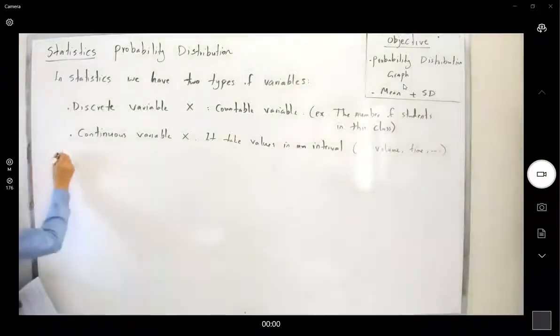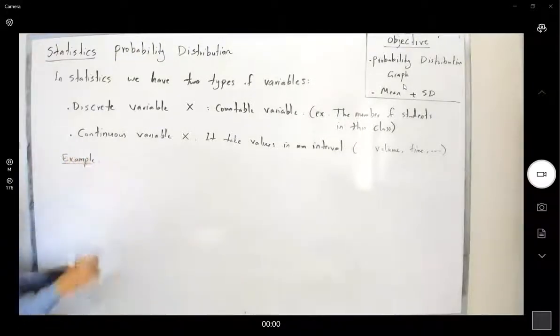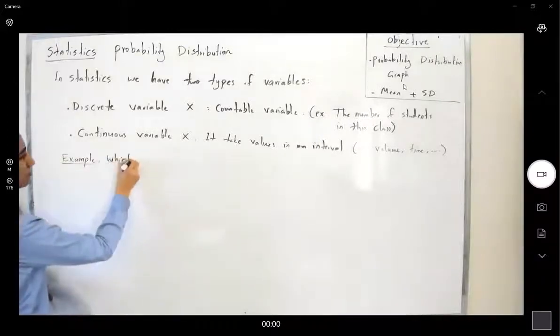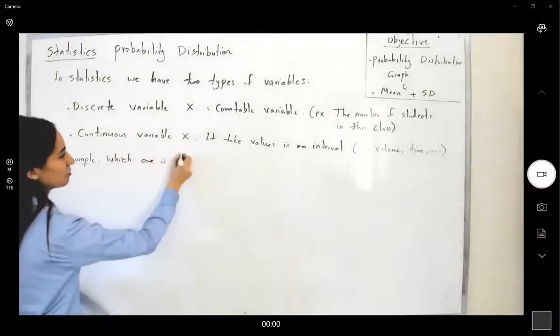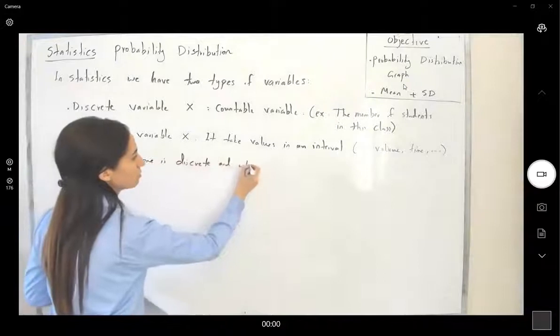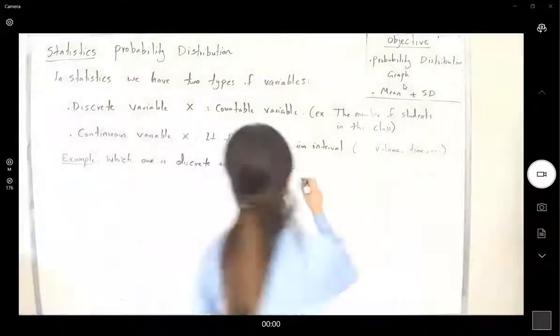Let's go over a couple of examples. This example asks, which one is discrete and which one is continuous?